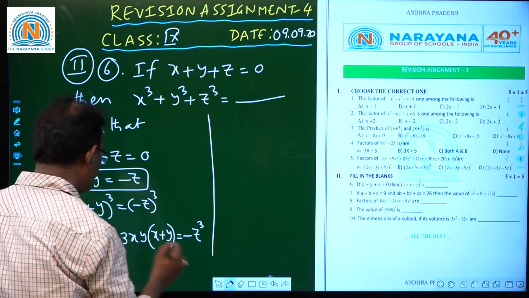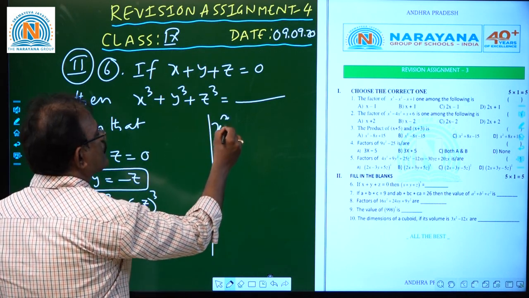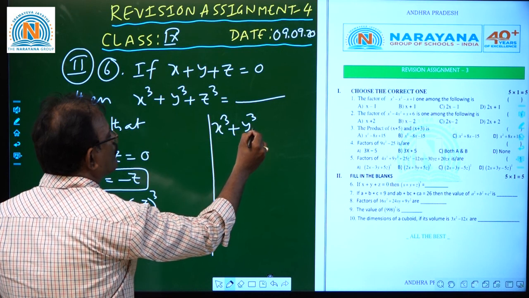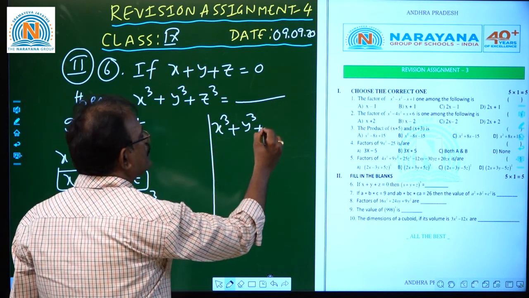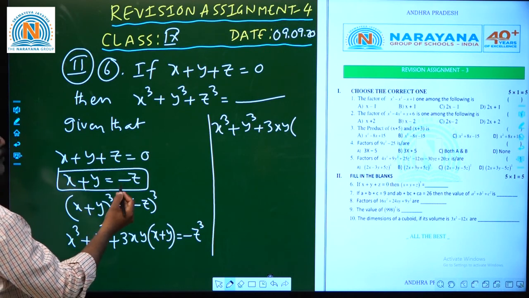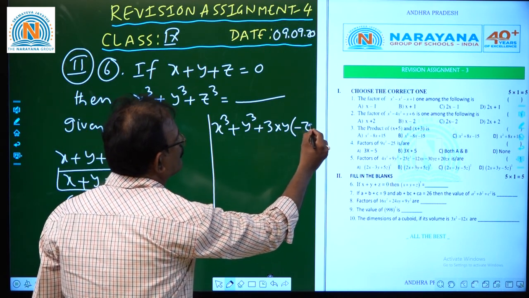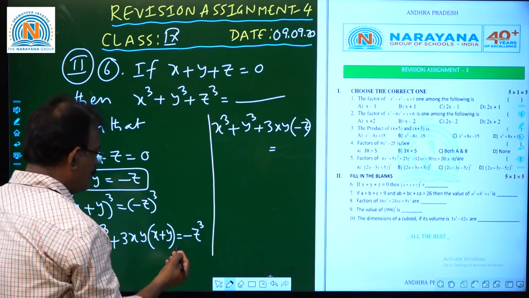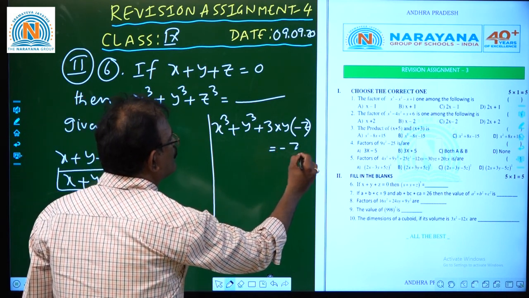So this is x cube plus y cube plus 3xy into, instead of x plus y you can take minus z, is equal to minus z cube.